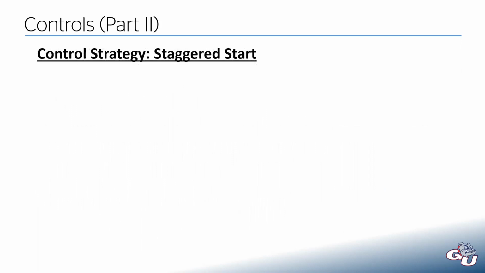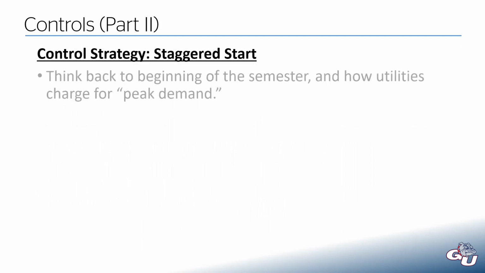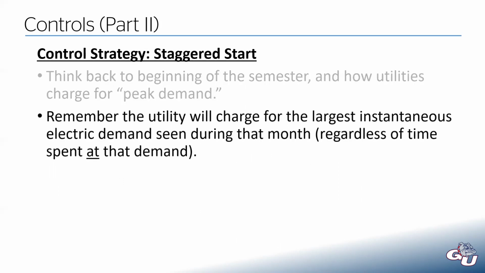The second strategy is what's called staggered start. If you think all the way back to when we talked about utilities, they typically charge for the peak demand, which is the largest instantaneous electric demand that was seen during that month.